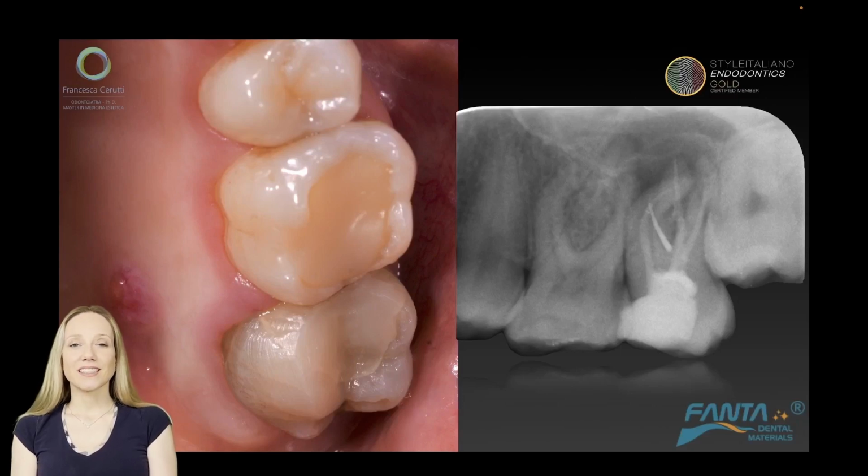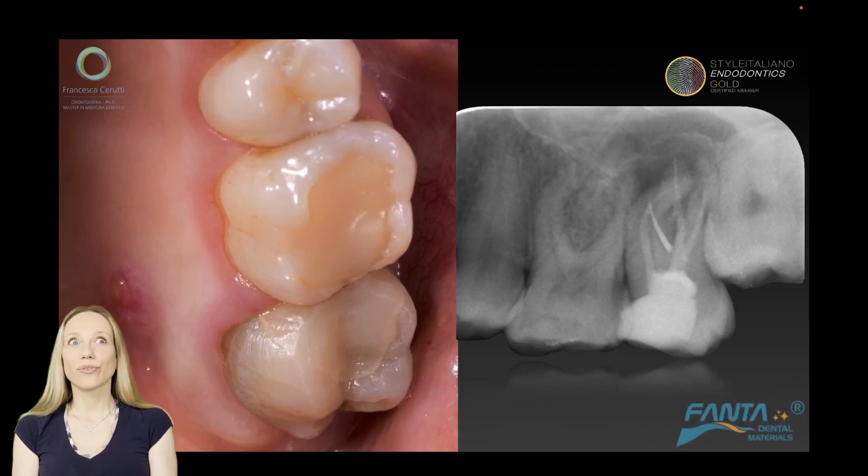In this case, this lady had a sinus tract after the root canal treatment of the upper second left molar, and her dentist has seen her a lot of times, tried to fix the problem, but he never really was able to make the sinus tract disappear, and she has had it for months. Then she came to see me, and with the sinus tract, you see that the origin of the lesion is the mesial root of the second upper molar.